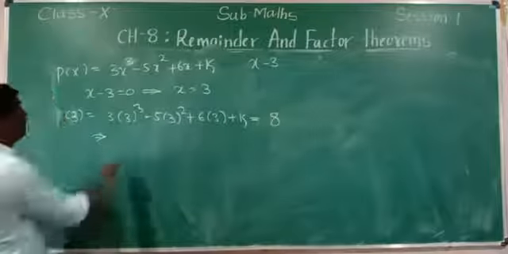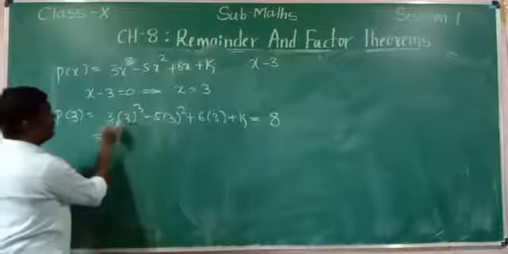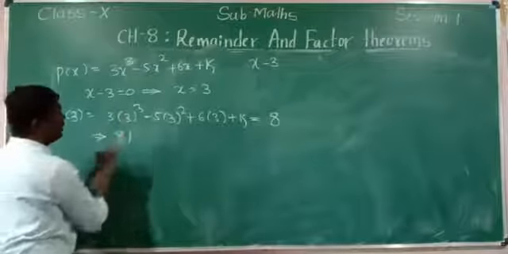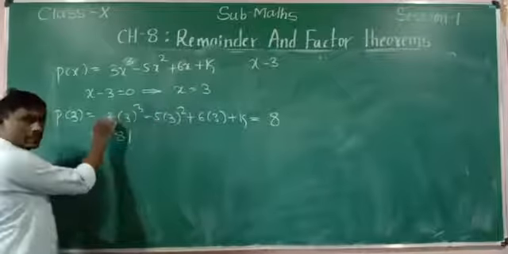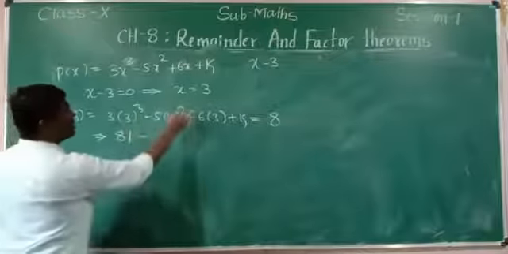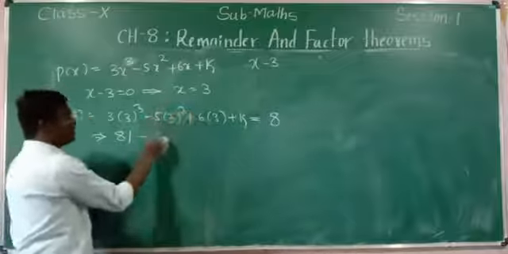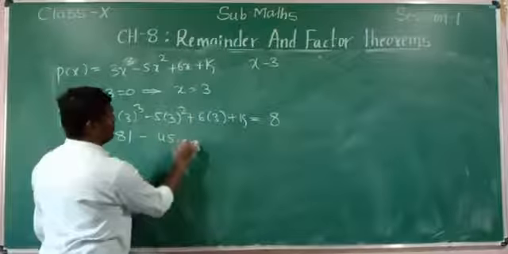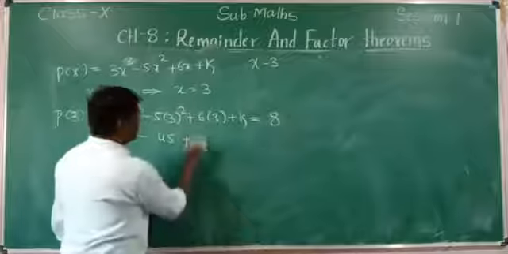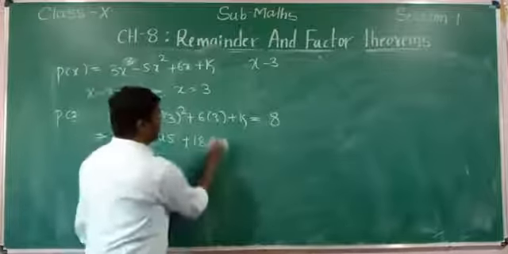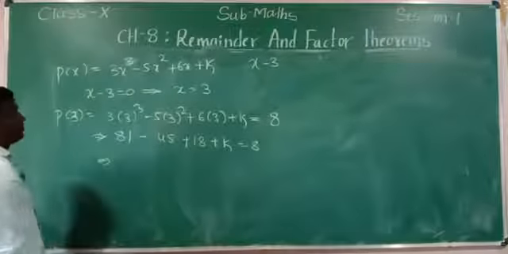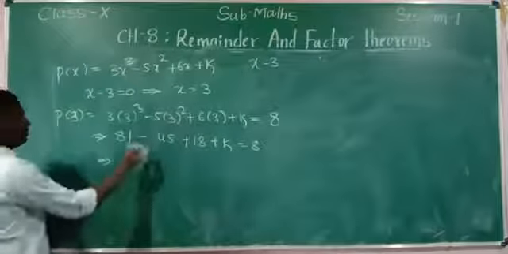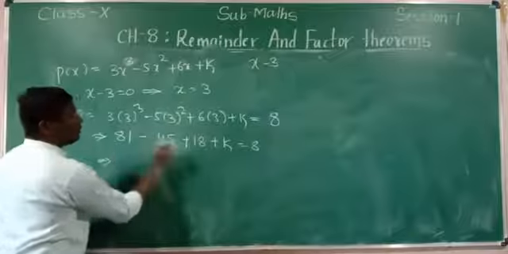Okay, now 3 cube is 27. 27 3s are 81. 3 square is 9. 9 5s are 45, plus 6 3s are 18, plus k, which is equal to 8. Now first add the positive values.